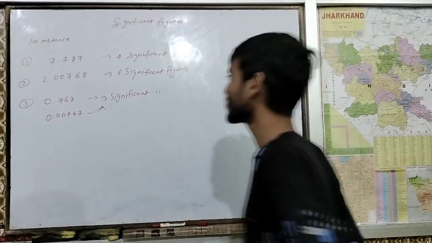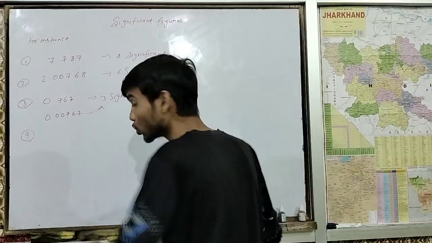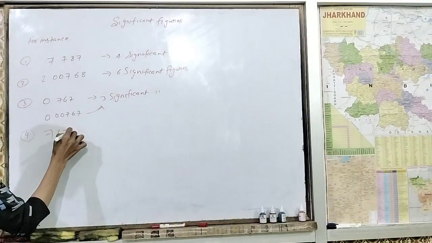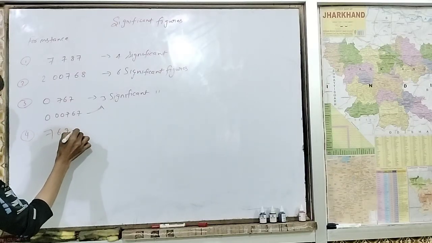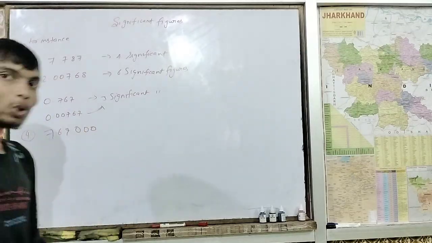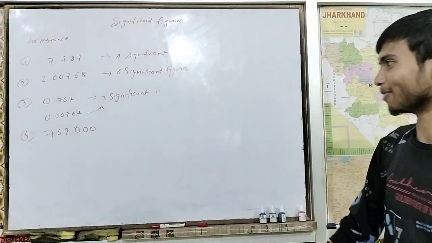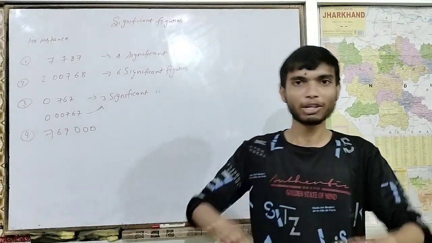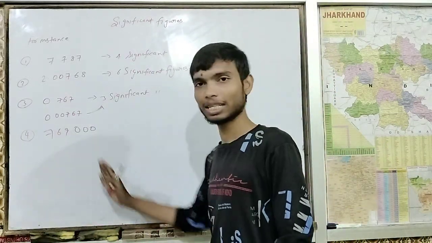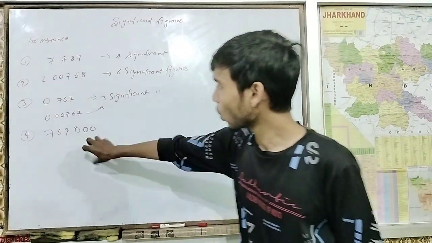Now one thing more. In this case, we were looking at zeros which are at the first position. But what if 7, 6, 7, not 7, 6, 9.000 like that? Okay. In that case, what would you like to say? You would say yes, it should be counted. But look at over here. These three zeros are not between two significant numbers. In this, there are significant numbers on this side, but what about this side? So here, we cannot say that these are not valid for significant numbers.